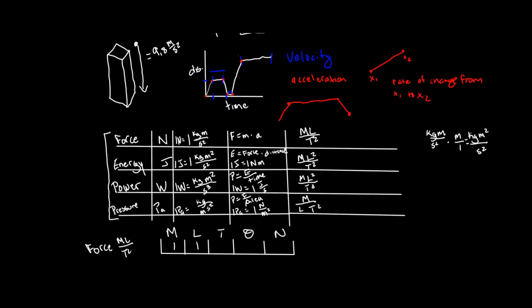But time, we have time squared in the denominator. Now, you remember, our rules of exponents stated that a negative exponent is a positive in the denominator. So here, we're going to say that the exponent for time is a -2. And that's because this can be displayed as MLT^-2. And that's equivalent, because raised to the -2 means that we could put that t to a +2 in the denominator, which would make it the same as over here.